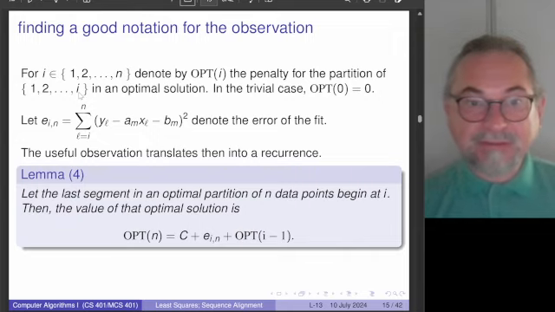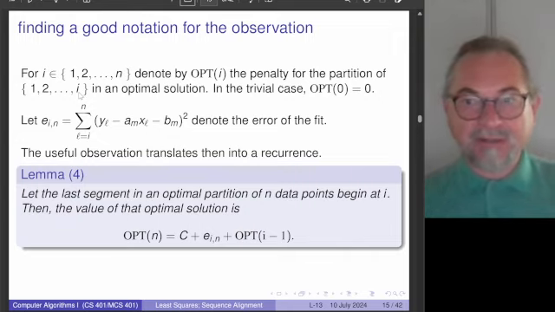So what does this lead to? Well, you have already here our first recurrence. The penalty of partitioning the entire set is the sum of the cost of one segment, the last segment, the error of the least squares fit of that last segment, and the penalty of all the points that come before the last segment.